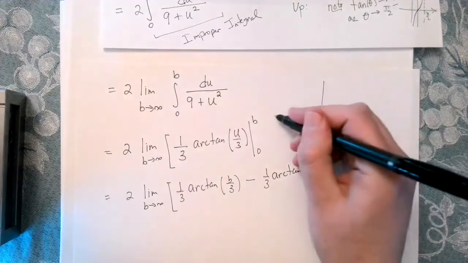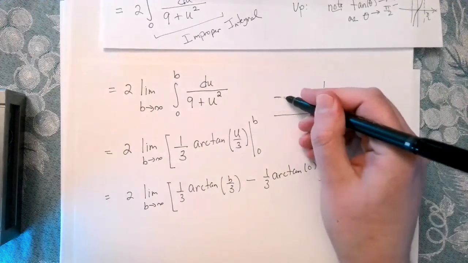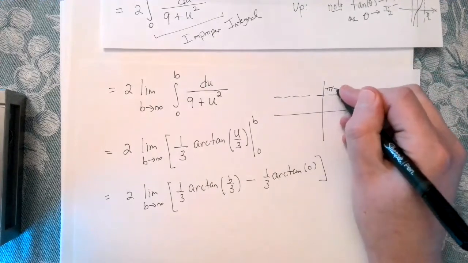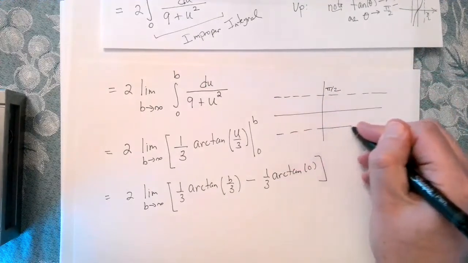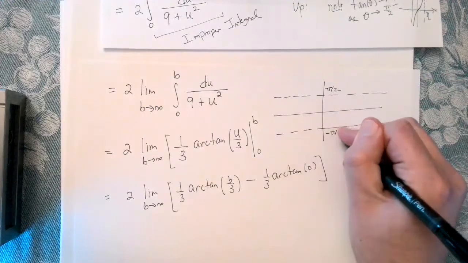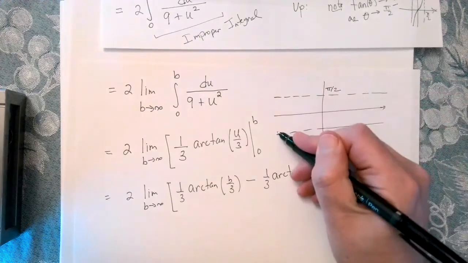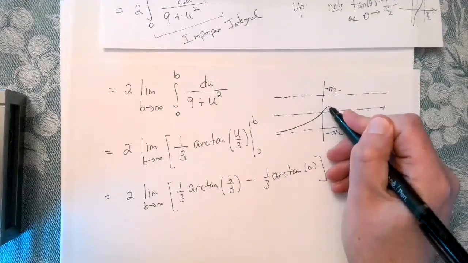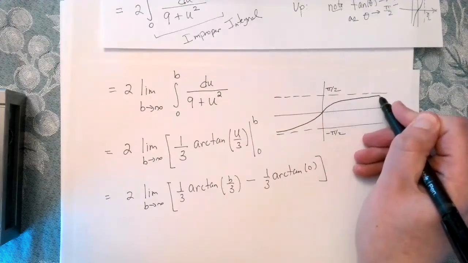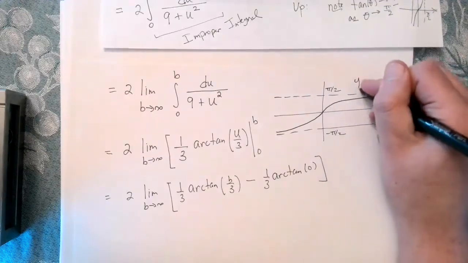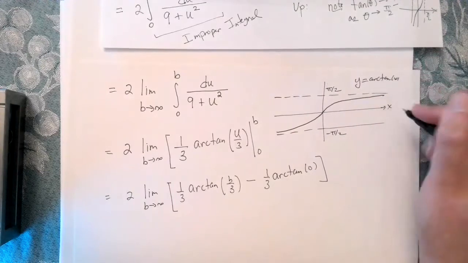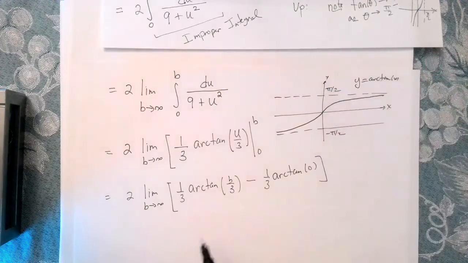And for this limit, you can just think about the graph of arctan. That's concave up, inflection, concave down. Okay, so that's just y equals arctan of x. So let's see what happens, right?